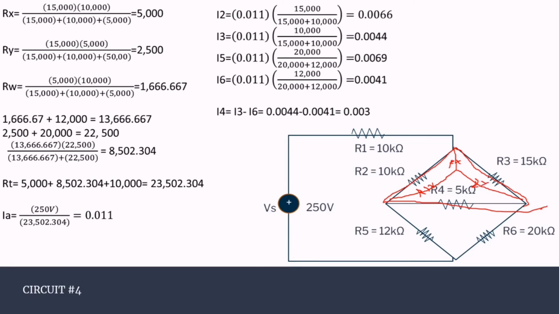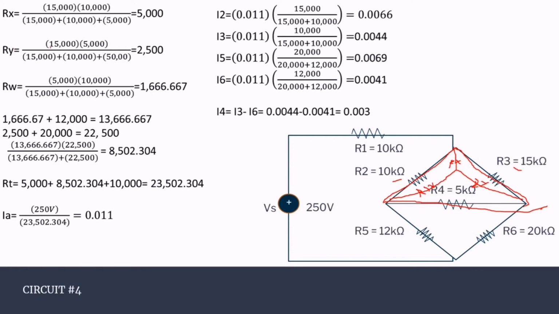Again, to solve for our Rx, 15 and 10, and all of the sides. So 15K times 10K over 15K plus 10K plus 5K is equal to 5K.